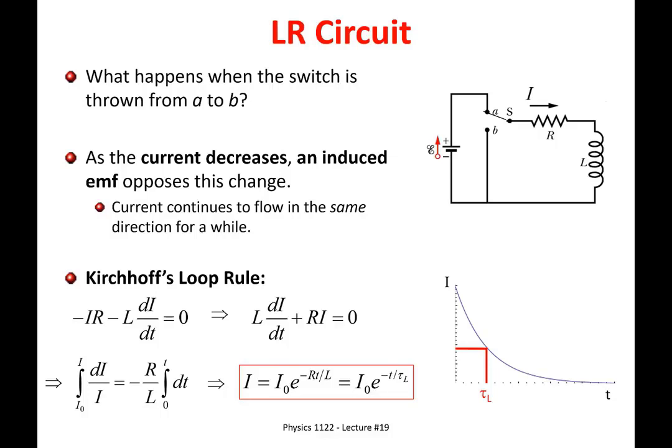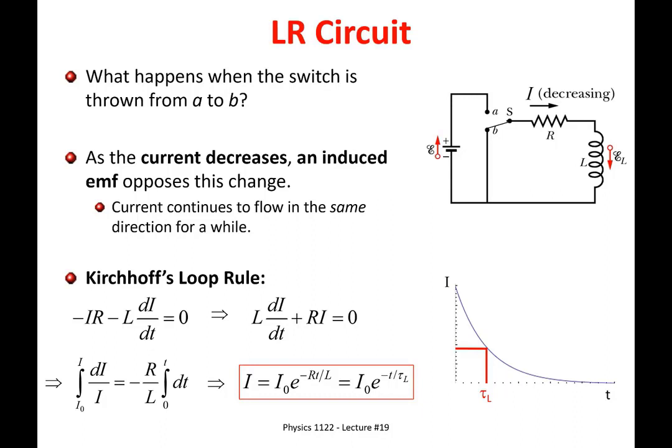If I throw the switch to position B, now the current in the circuit that was flowing begins to decrease, and due to that changing current, there's going to be an induced EMF in the inductor opposed to that change that is going to continue to force the flow of current for a while.